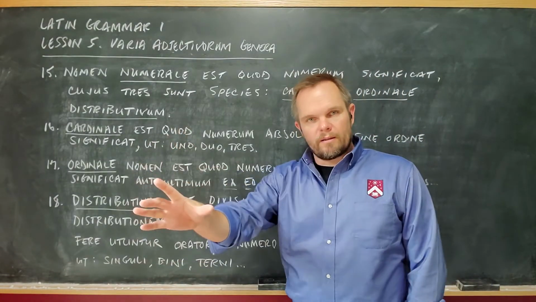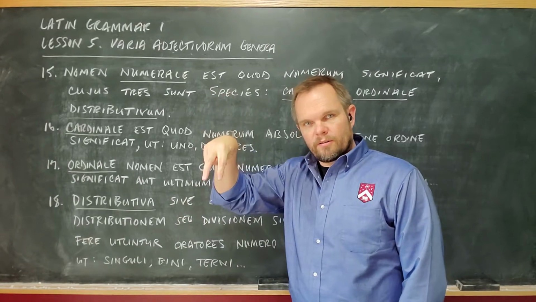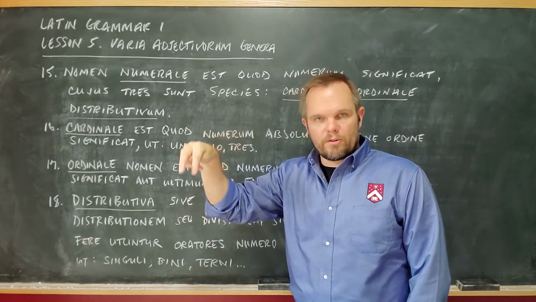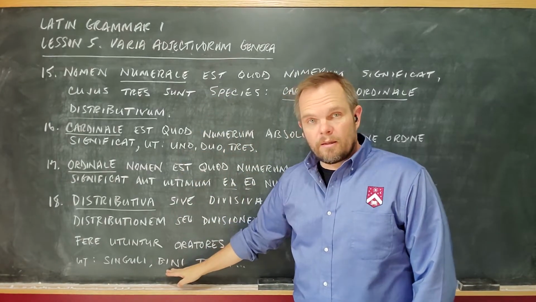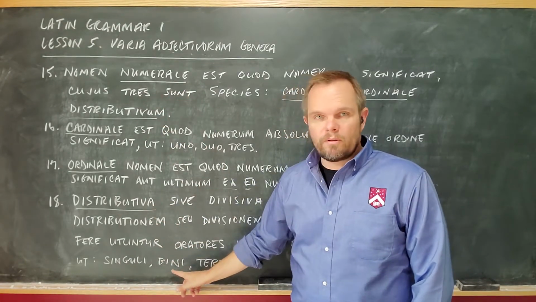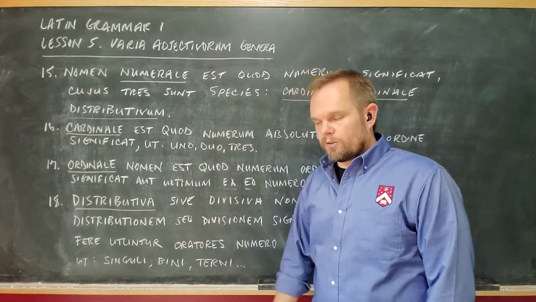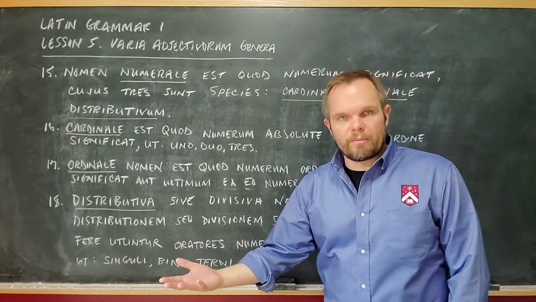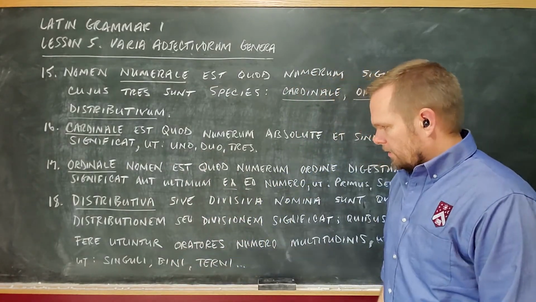So if we had a line of people in pairs, they would be lined up two by two. Bini. So when Noah brings the animals into the ark two by two, bini means two by two. And then terni would be three by three, and so on. Okay?